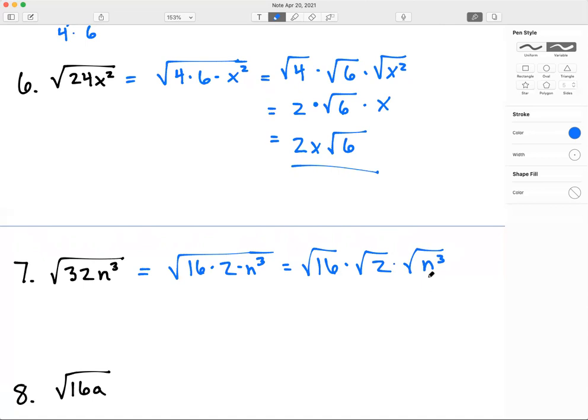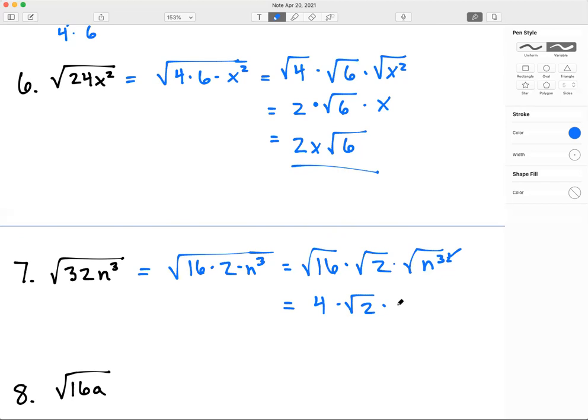And I'll show you what to do there, but we're not going to have to really worry so much about that. This becomes 4, right? Then we still have root 2. That can't be simplified. Here's what you're going to do here. Whenever you have an odd power, like 3, 5, 7, 9, etc., you're going to break it into the even power.